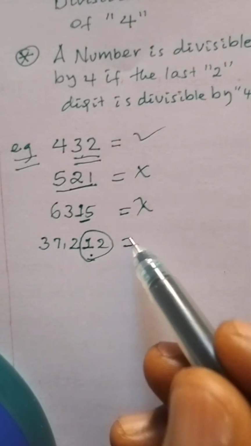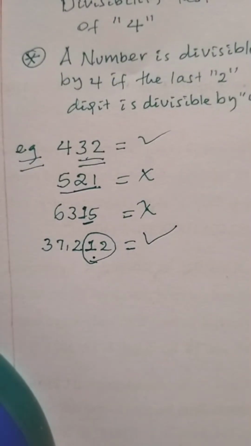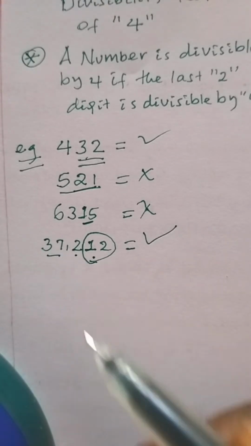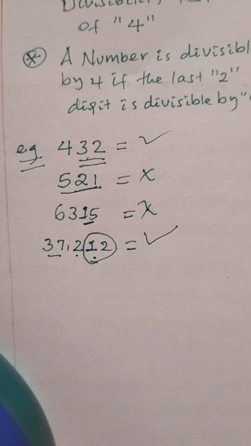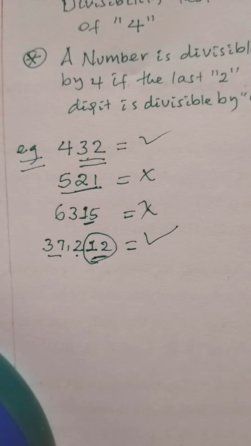Is 12 divisible by 4? Yeah, it is divisible by 4. So 37,212 is easily divisible by 4. Why? Because the last two digit number is divisible by 4. It's very simple.